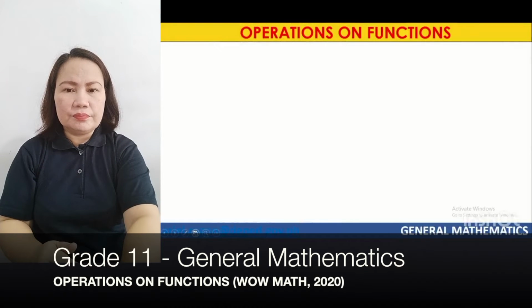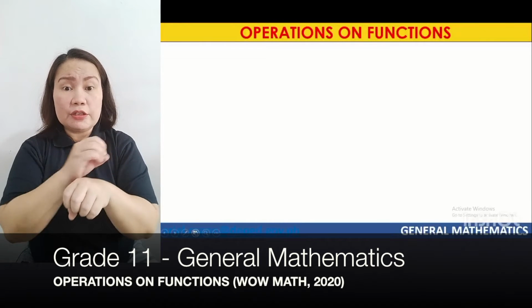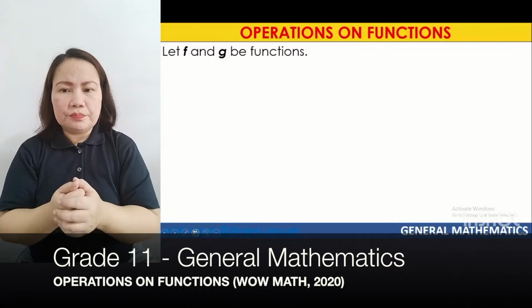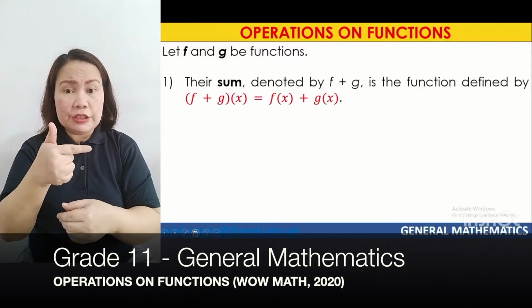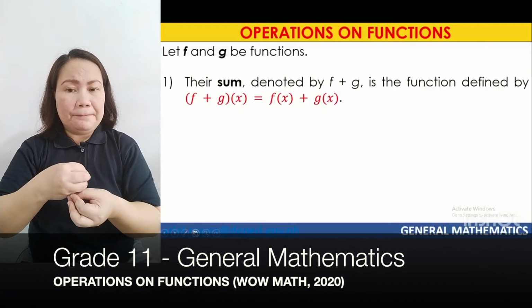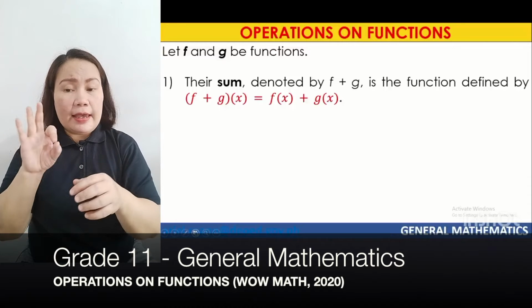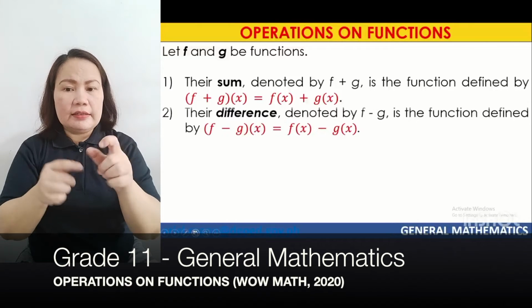Now, let's proceed to our topic, the operation on function. Let f and g be functions. Their sum, denoted by f plus g, is the function defined by f plus g of x is equal to f of x plus g of x.